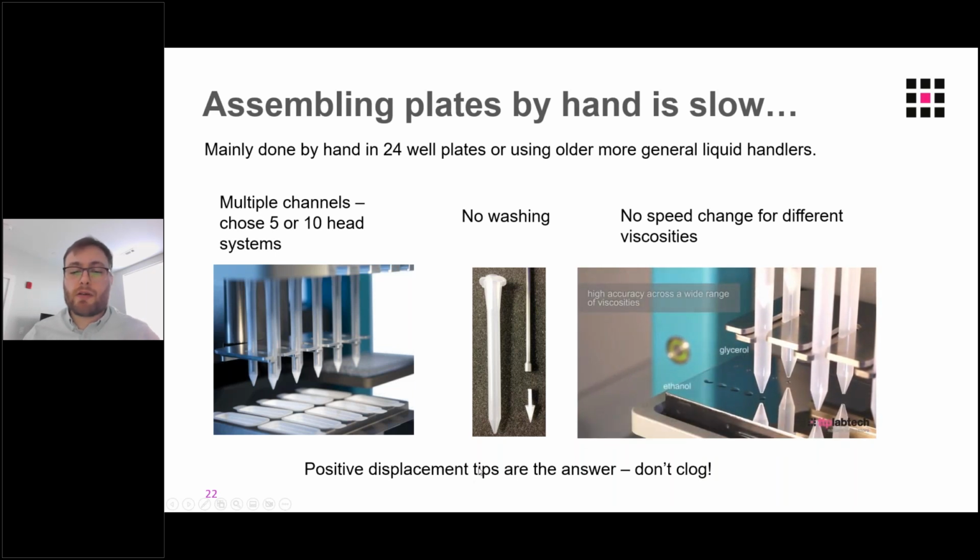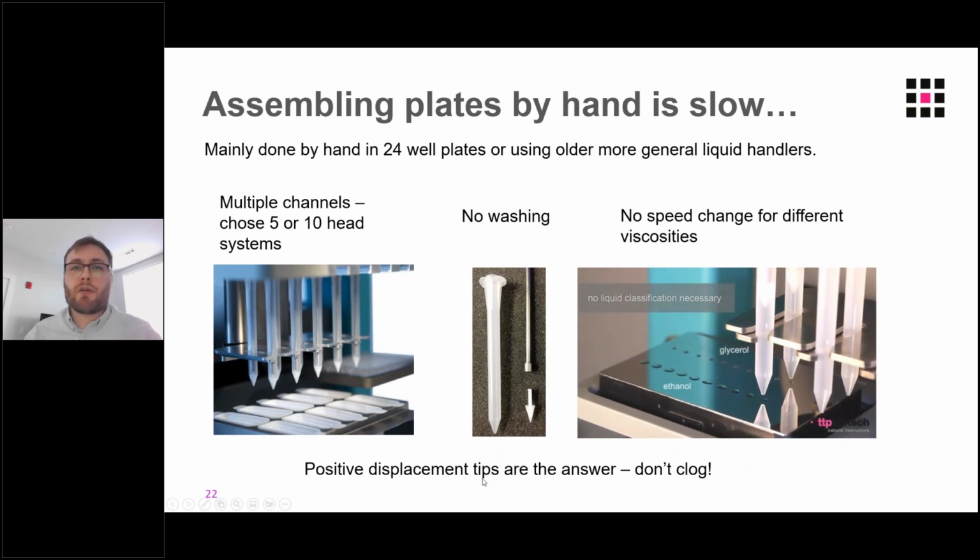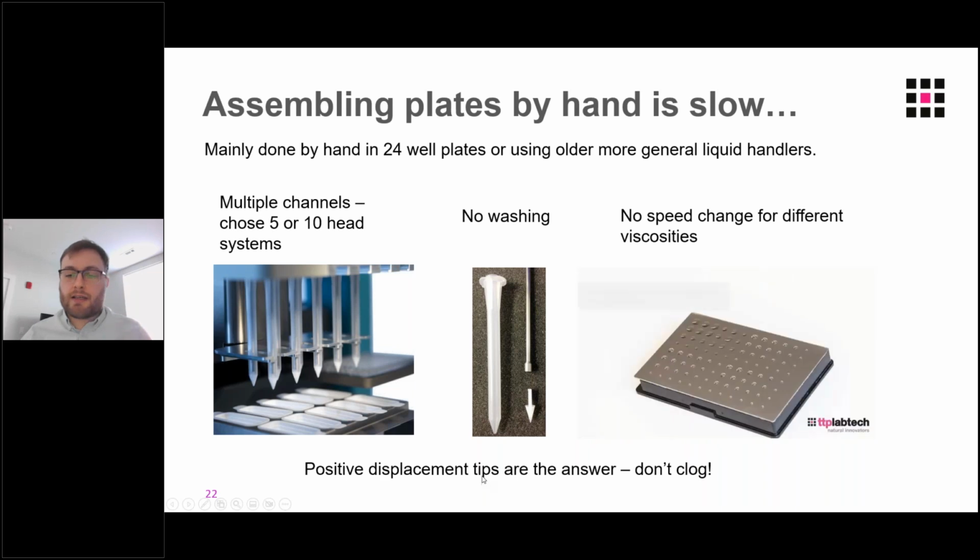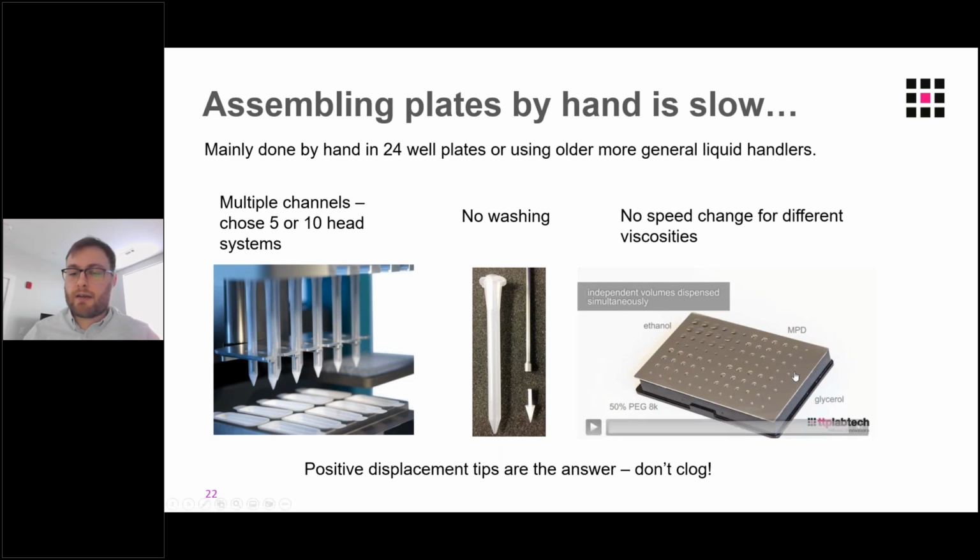Note that because of the positive displacement, the tips don't clog. They are unlikely to ever get blocked, and they're very reliable for dispensing a huge range of different liquids. MPD and glycerol and ethanol are all possible components that you'll be using in crystal trials.